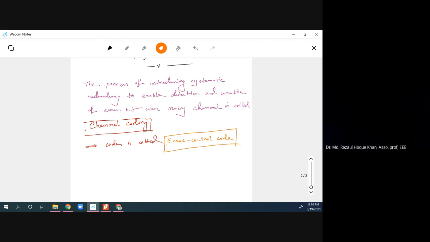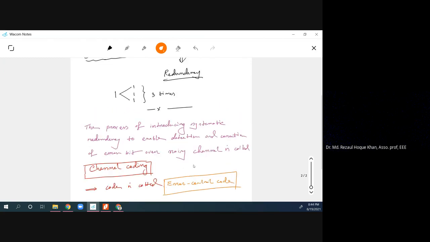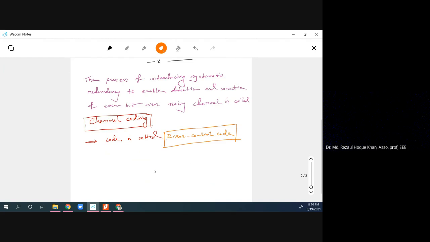Okay, now here we can see that our 1 bit message is repeated 3 times. So information bit divided by code bit: how many bits did we use?